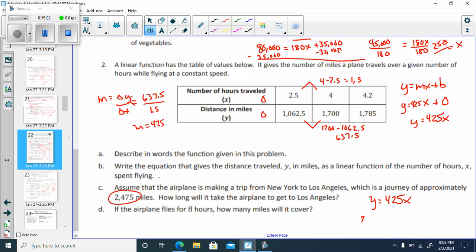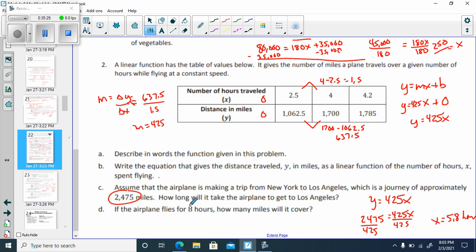Total number of miles, 2,475 is equal to 425 miles per hour times the number of hours. Let's divide both sides by 425. 2,475 divided by 425 would give us 5.8 hours. x would be about 5.8 hours, okay?